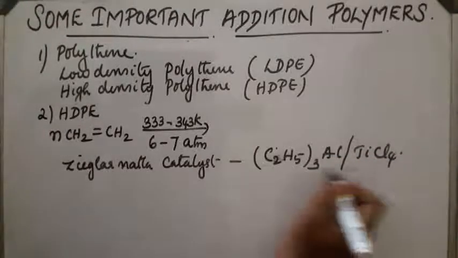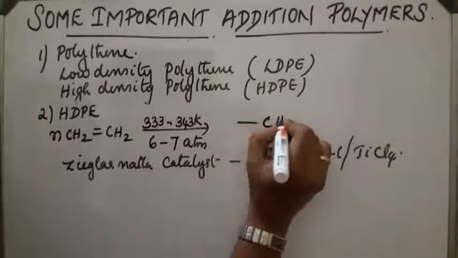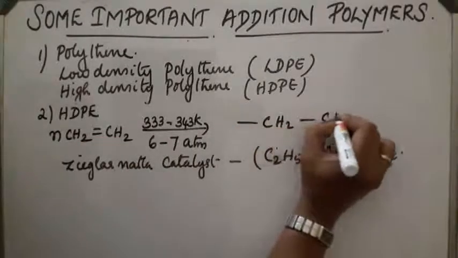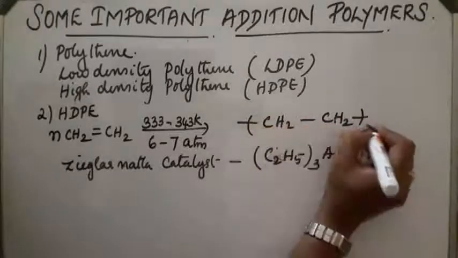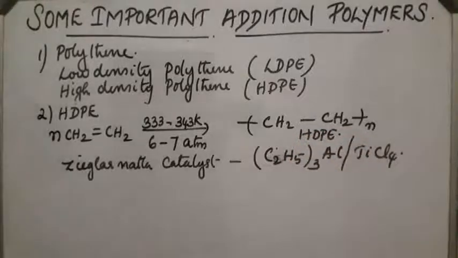This is called Ziegler-Natta catalyst, and this catalyst is used for the preparation of high density polyethylene. At a temperature and pressure, the reaction takes place and it gets polymerized. This bond breaks and forms HDPE. Their important properties: they are linear molecules and they have high density.